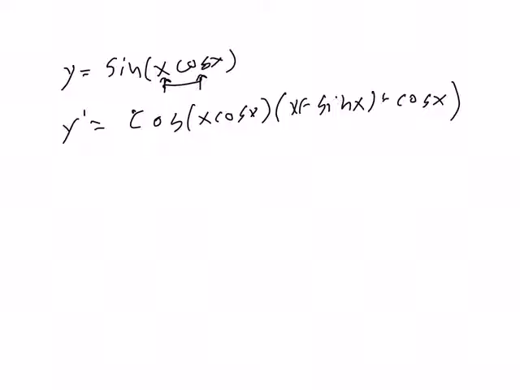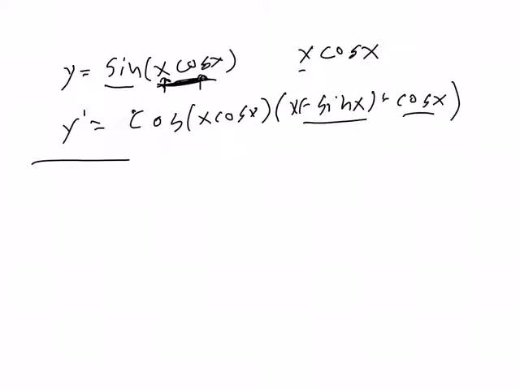So again, we take the derivative of this, leaving this the same, and then take the derivative of this, which involves the product rule because we're taking the derivative of x cosine of x, which is x negative sine of x plus cosine x. That's the derivative.